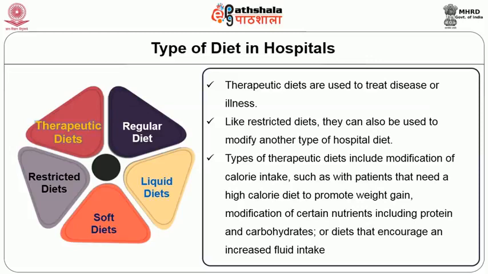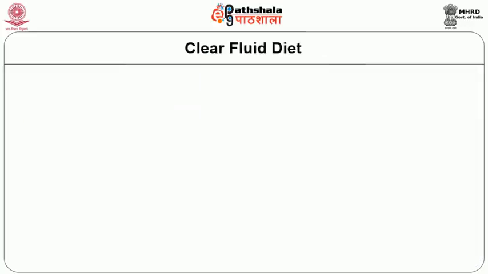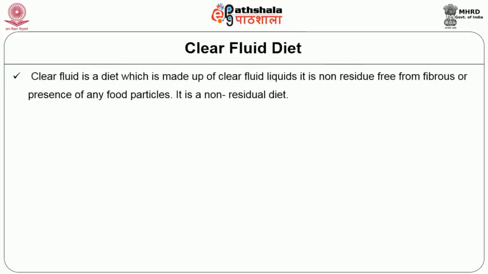Generally, these diets are divided into four: the clear fluid diet, full fluid diet, soft diet and normal diet. The clear fluid diet is made up of clear liquids and does not have any residue. It is free from fiber or any presence of food particles. It is a non-residual diet.